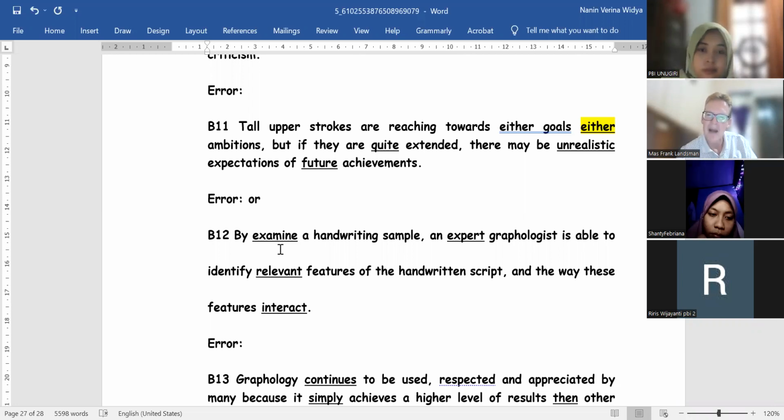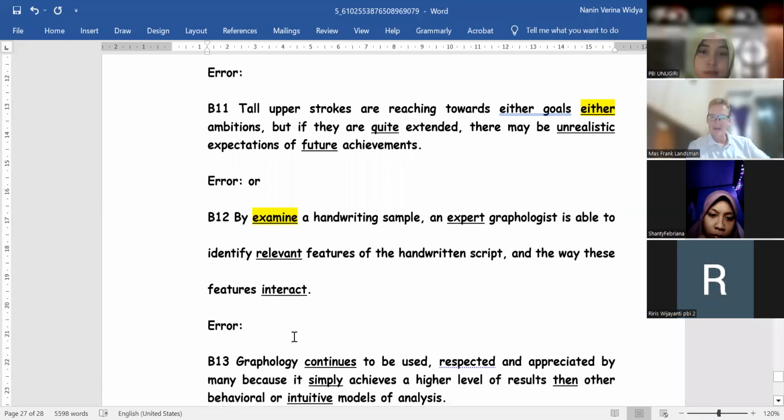So here, by examining. Yeah, that's it, exactly. By examining, by doing that, a handwriting sample, an expert graphologist is able to identify things. Yeah, very good. How do you do it? By examining. Okay, very good.